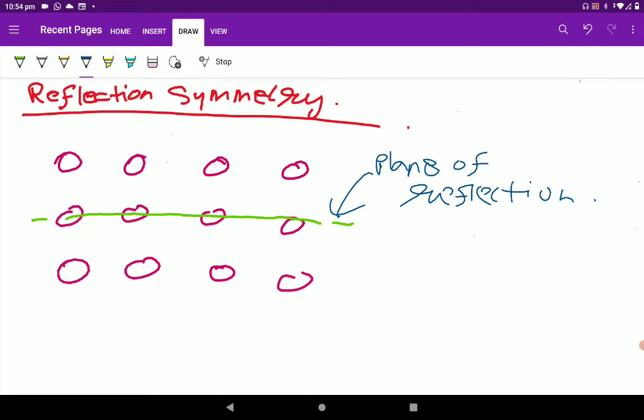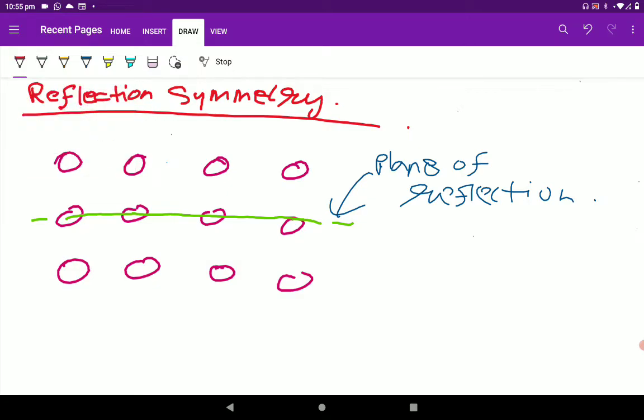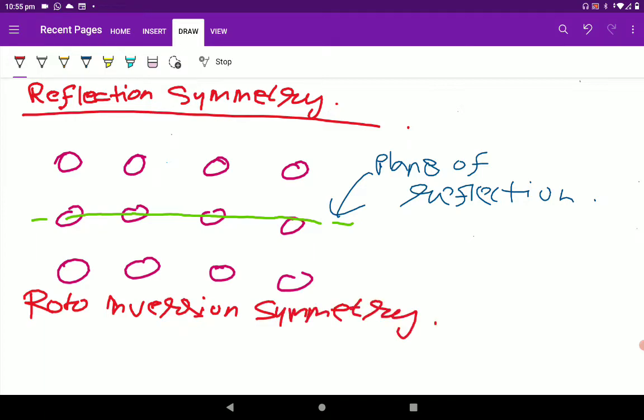Now we can combine the rotational and inversion symmetry, and we can call that roto-inversion symmetry. In this case, rotation around an axis is followed by the inversion.